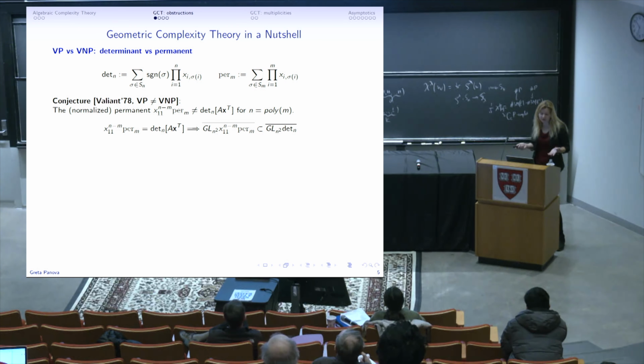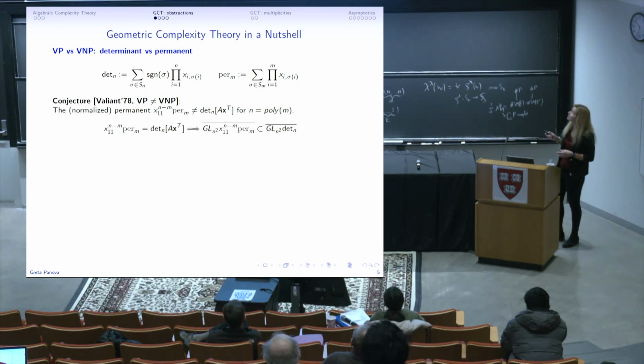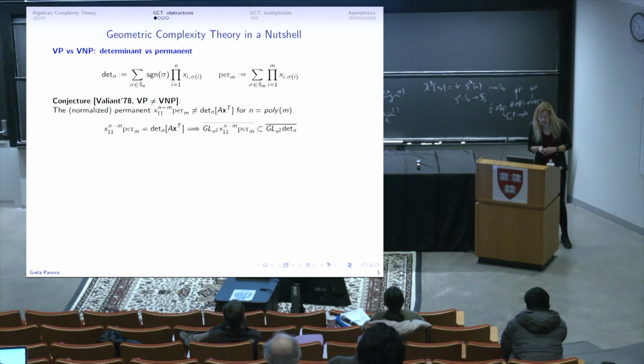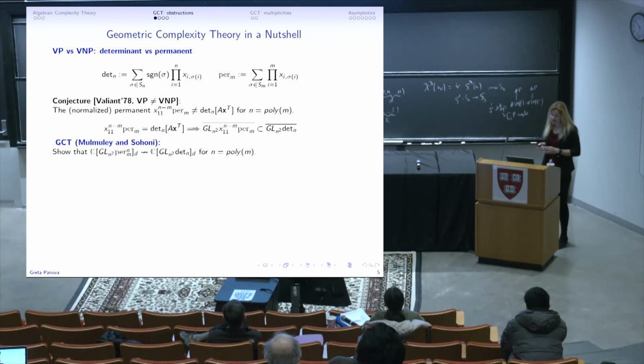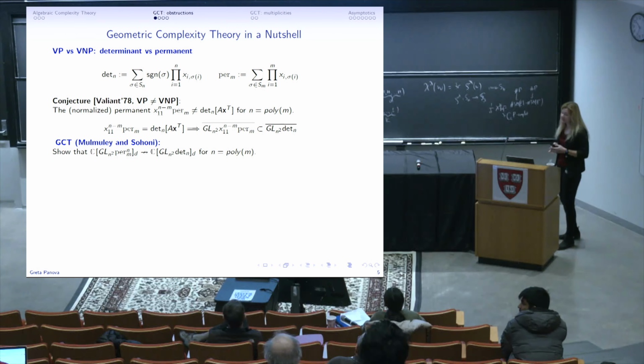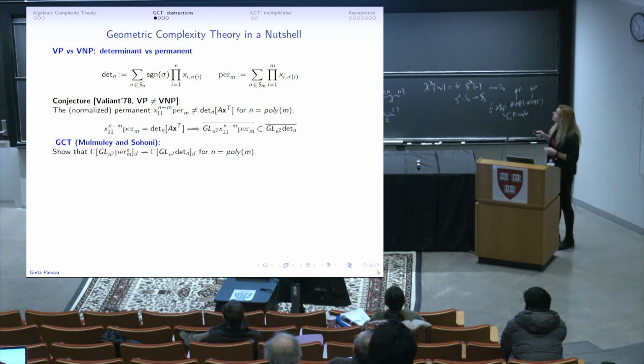And now we can talk about these spaces. What are these spaces? These are actually varieties, and we can look at the coordinate rings of these varieties in some degree d. If the inclusion holds here, then the coordinate rings also have an equivariant map from one to the other.